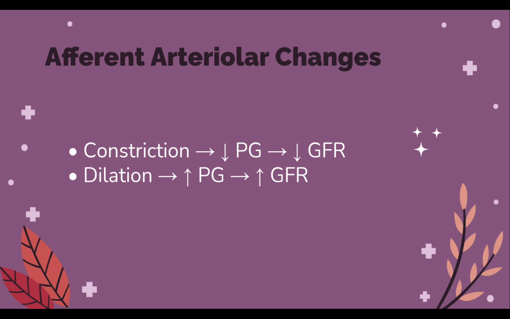At the afferent arteriole, when there is afferent arteriolar constriction, it leads to decreased glomerular hydrostatic pressure, so it decreases the glomerular filtration rate. And the opposite, when there is dilatation at the afferent arteriole, it increases the glomerular hydrostatic pressure.